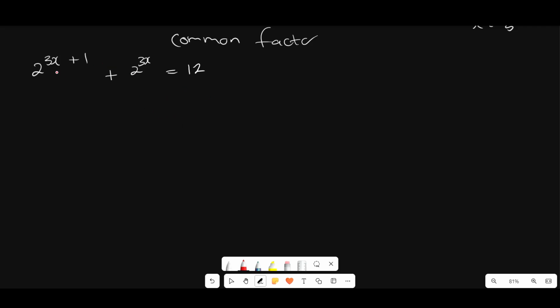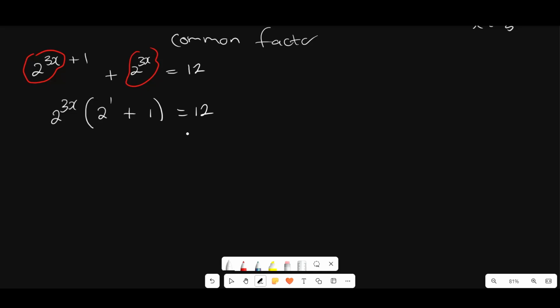But in this case, you have 2 to the power 3x here and 2 to the power 3x plus 1 there, meaning there is a very easy common factor in this equation. So I'm going to take out 2 to the power 3x, and times, well, 2. In order for us to get 2 raised to the power 3x plus 1, we should multiply by 2, that's a 1, same base, exponent 3x plus 1, and then plus 1, which is equal to 12.